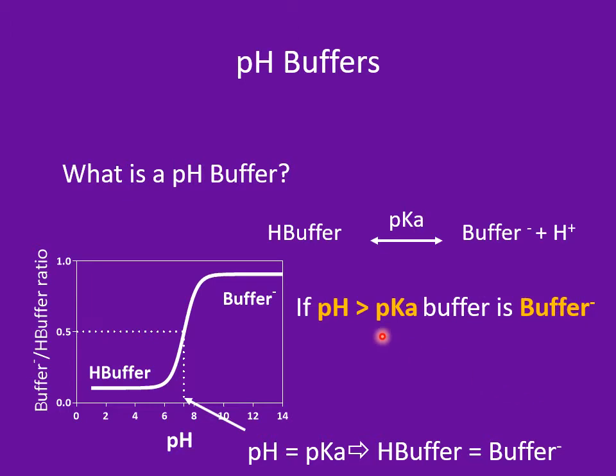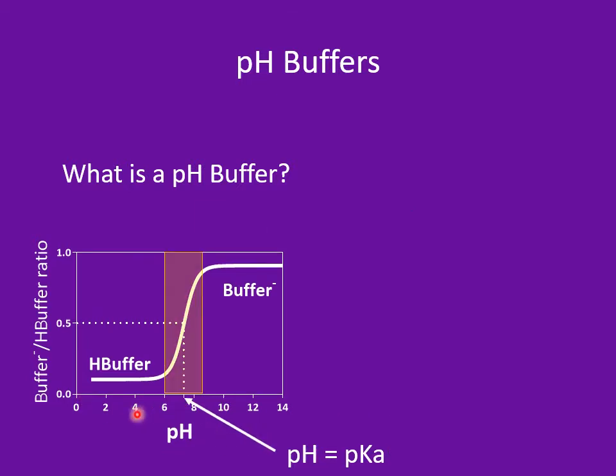If pH is higher than pKa, this part of the graphic, pH is high, that means hydrogen ion concentration is very low. Then hydrogen ions tend to go free and most of the molecules of the buffer will be in the base form. On the contrary, if pH is low, this part of the graphic, concentration of hydrogen ions is high, so the molecules of buffer are easily protonated, so most of the molecules of buffer will be in the acid form.